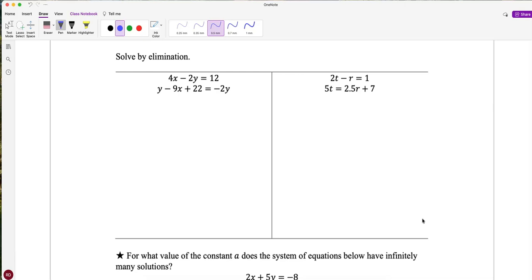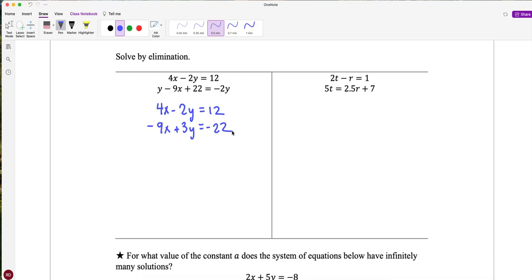In these situations, get x and y on one side, so you've got 4x minus 2y equals 12, and then negative 9x plus 3y equals negative 22. Let me check and see if I did that right. Negative 9x plus 3y equals negative 22.